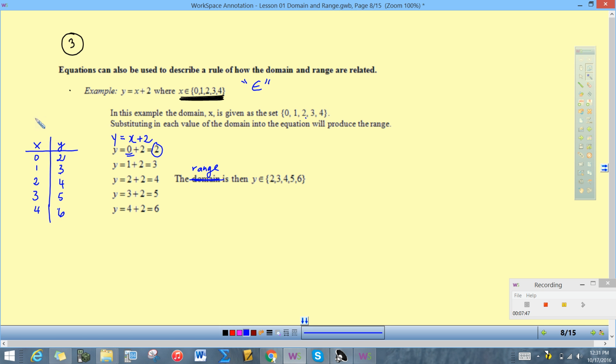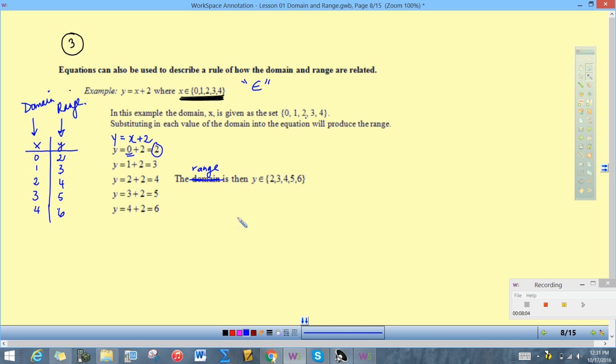So the x's are my domain, and the value that comes out, once I put in my value of x, I get a corresponding value of y. So that is my range.